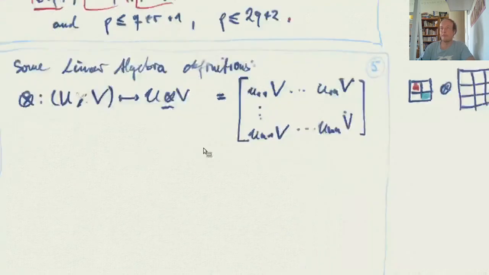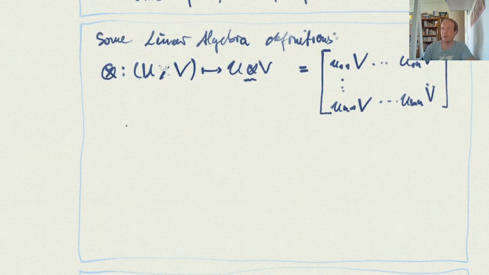So this is the Kronecker product, and it has the following properties.